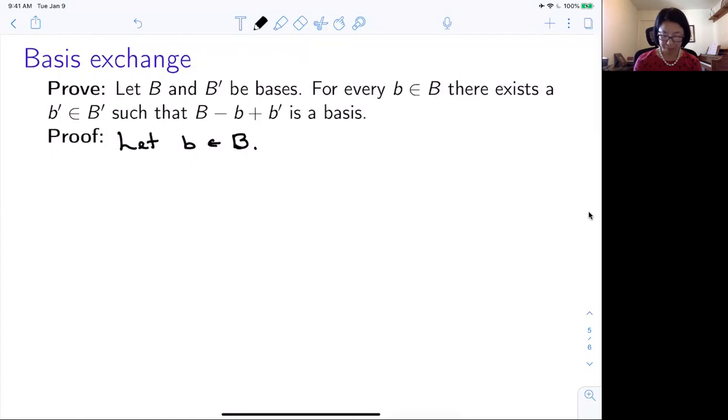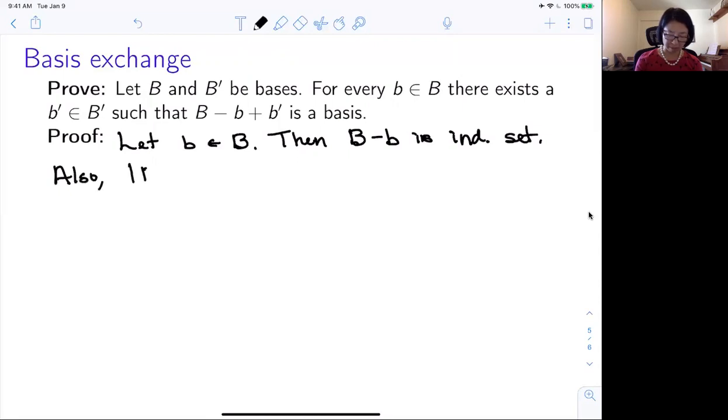So then capital B minus b is an independent set, and its size is strictly less than the size of capital B. And by part one, we showed that all bases have the same cardinality.